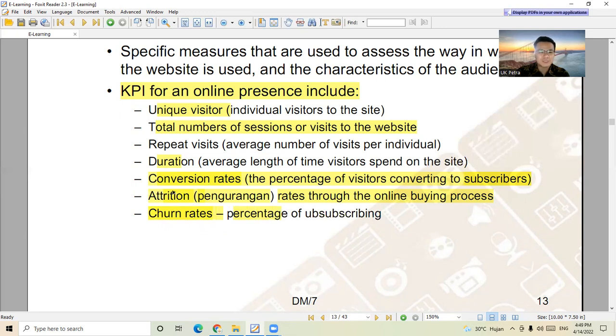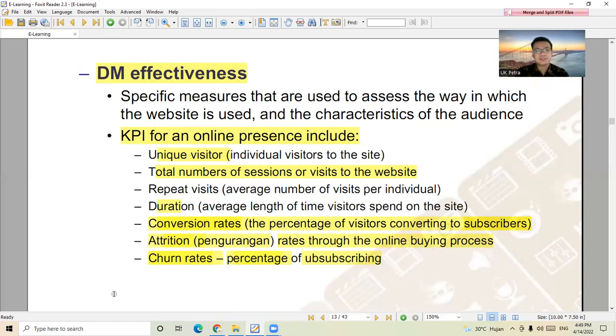We use a percentage. Attrition and churn rates are pretty much similar, but the churn rate uses the percentage of unsubscribing. These are the metrics that we can use to measure whether the digital marketing that the company has done is effective or not. And of course, there are several other measures that we as digital marketers can also use to measure whether our digital marketing efforts are good or not.